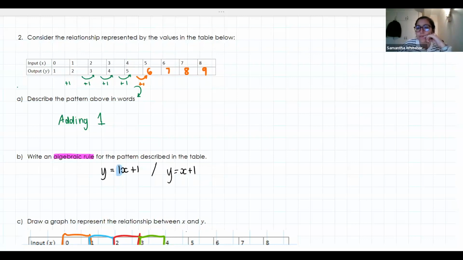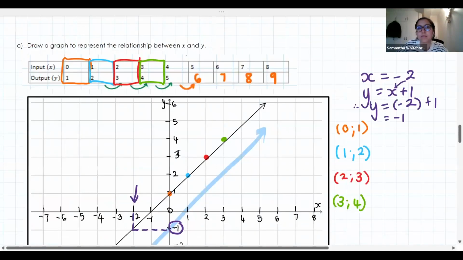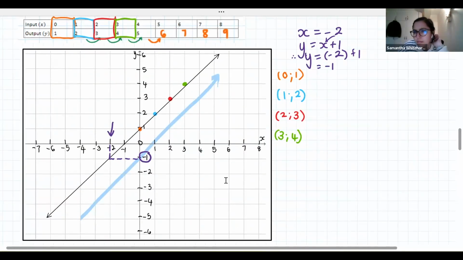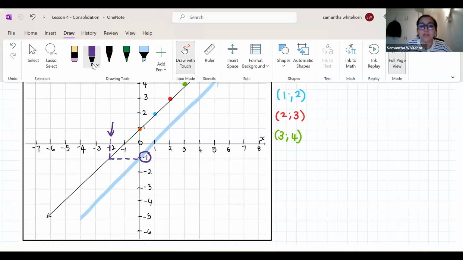Ma'am, do we go up or down on the increase? Okay, so when we are trying to decide if it's increasing or decreasing, we always read from left to right. So like you would read a book, we read our graph from left to right.